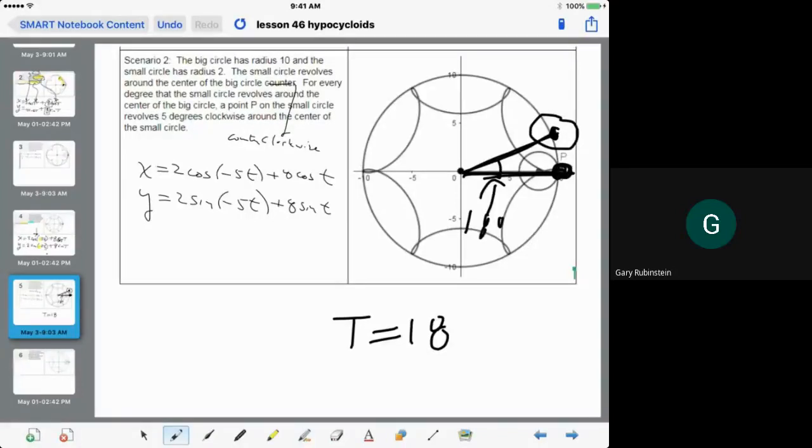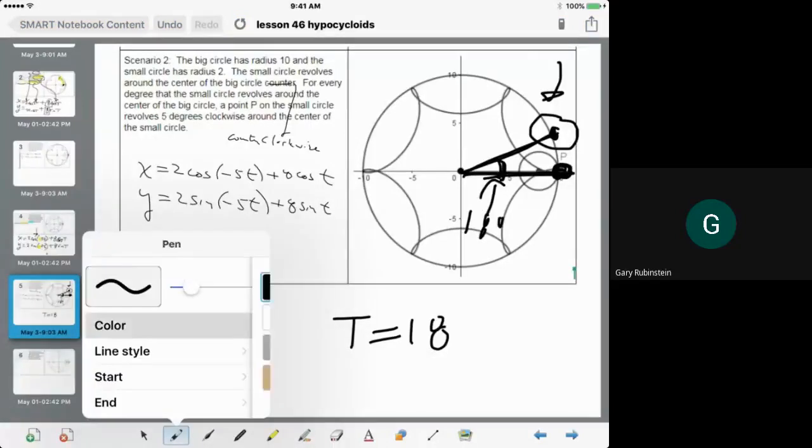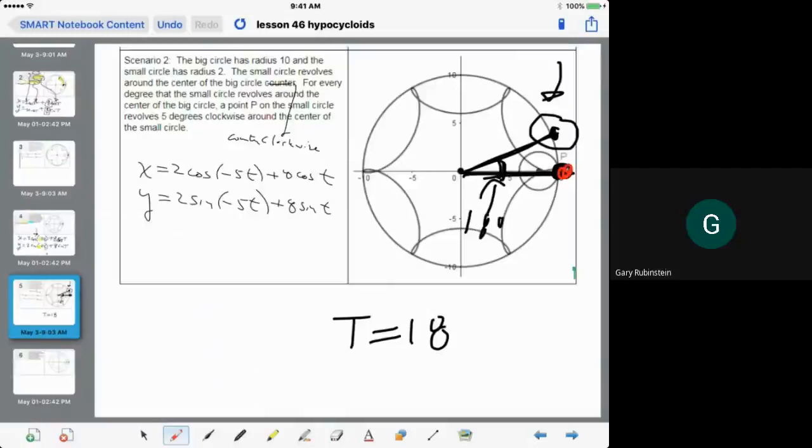This is the floating situation. So where is that point on this circle? Where would it have to go? If this is 18 degrees, where should I put it? I'll make this point red. This is the second scenario. So where do you think that point should go?